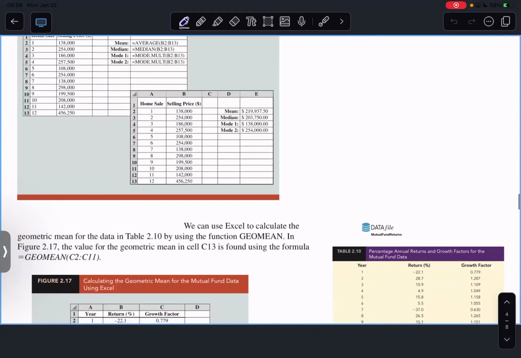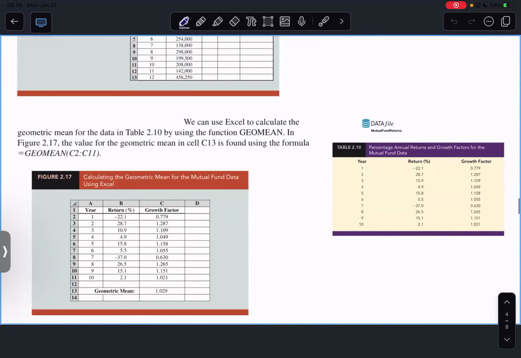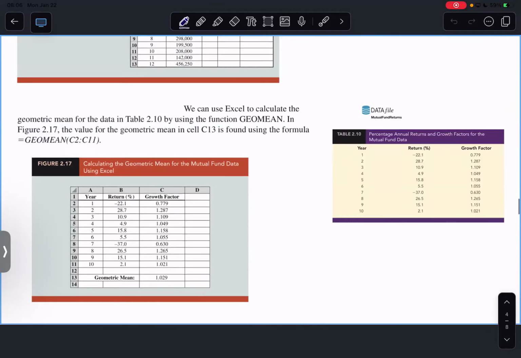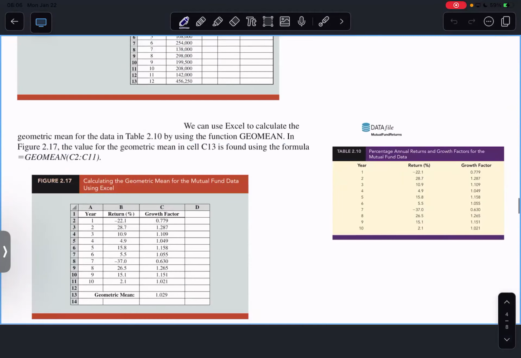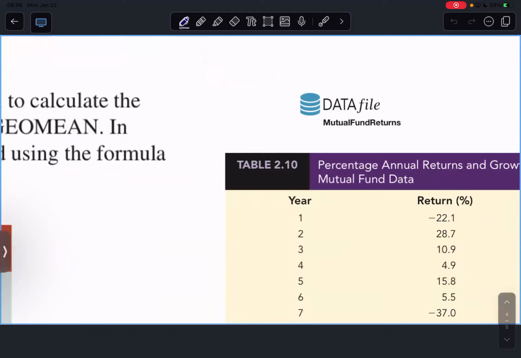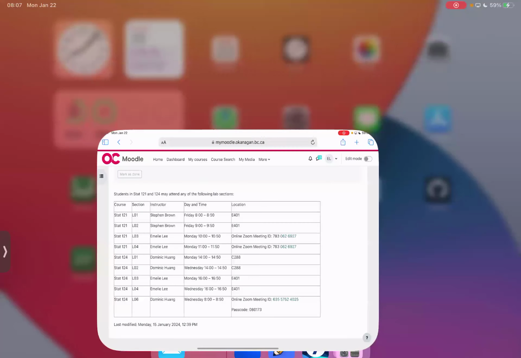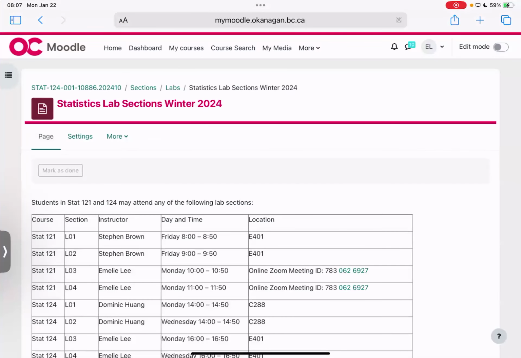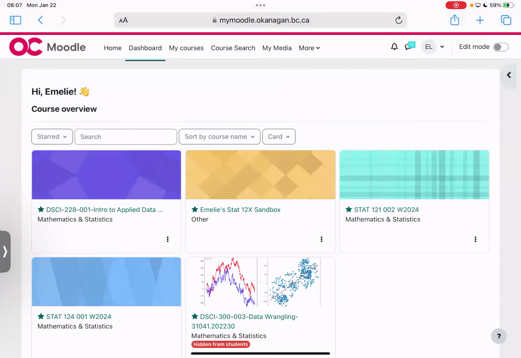Were you saying the geometric mean? There's no data set for it. The mutual fund returns wasn't in there? No. I thought it was, but that's okay.